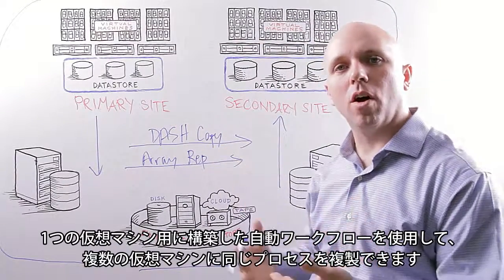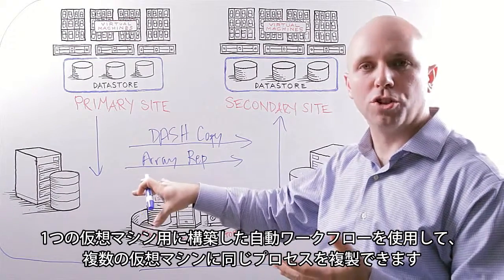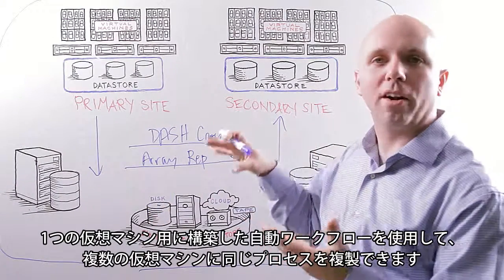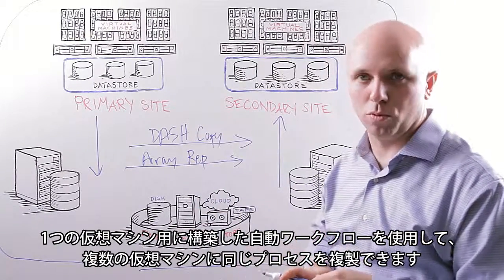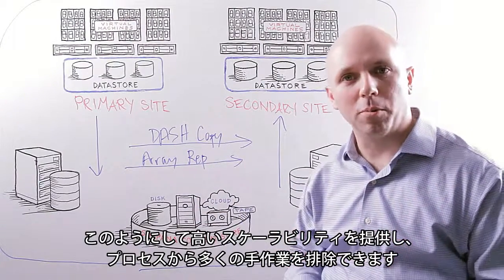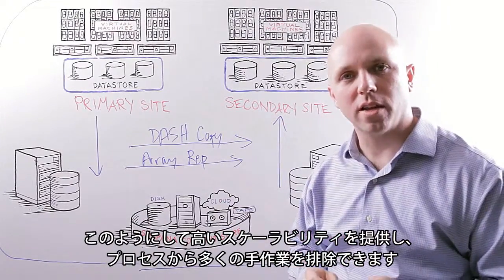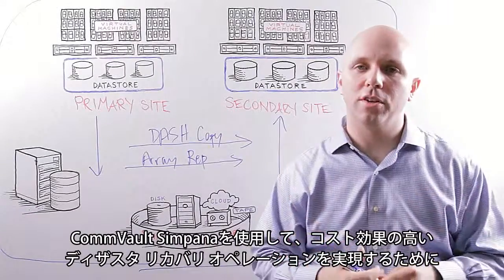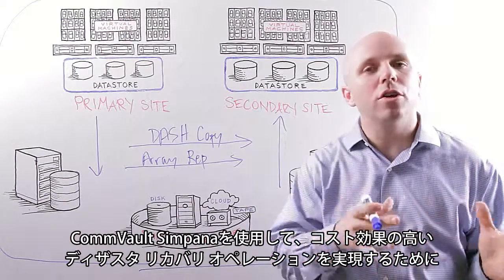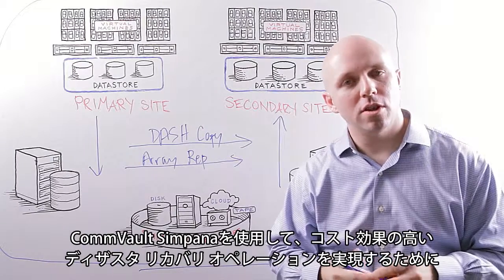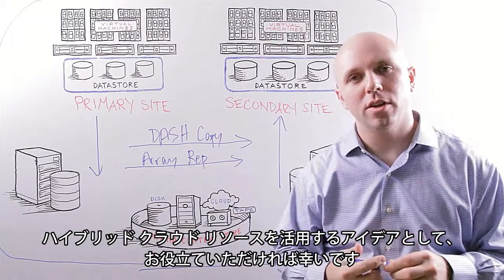So we can use automated workflows that we've built for a single virtual machine and replicate the same process across multiple virtual machines to give you more scalability and take a lot of the manual steps out of the process. So hopefully that gives you a good idea of how you can use CommVault Simpana to leverage hybrid cloud resources for more cost-effective disaster recovery operations.